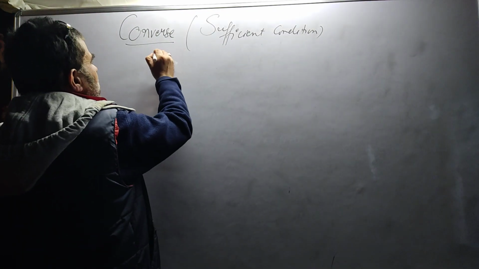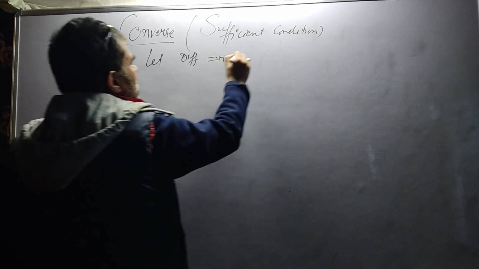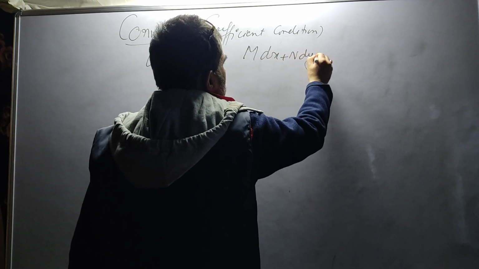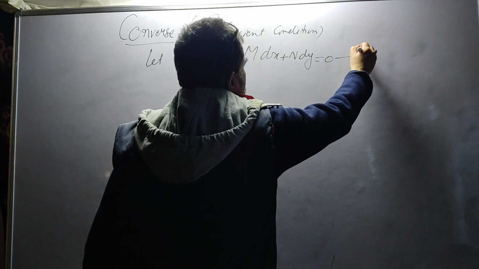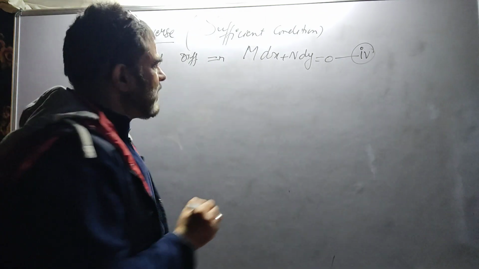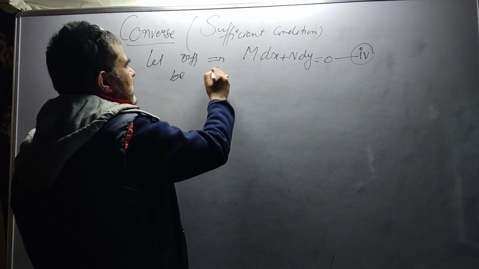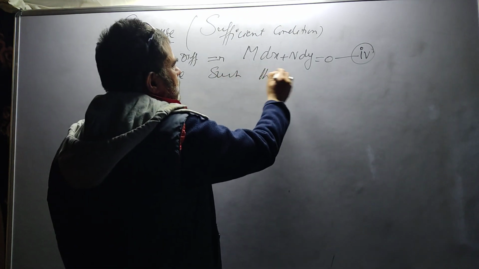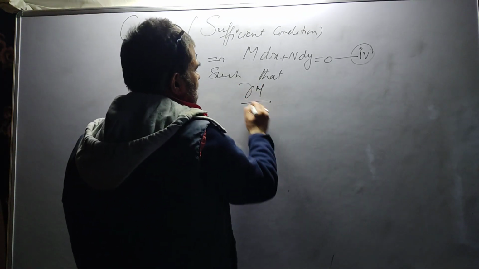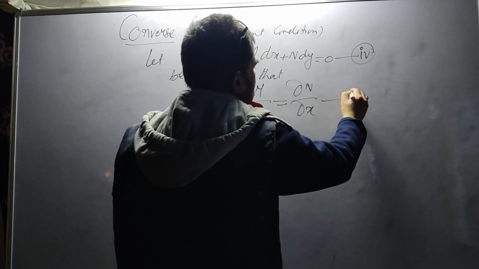Let the differential equation M dx plus N dy equal to 0, let us name it fourth, be such that partial of M with respect to y is equal to partial of N with respect to x.